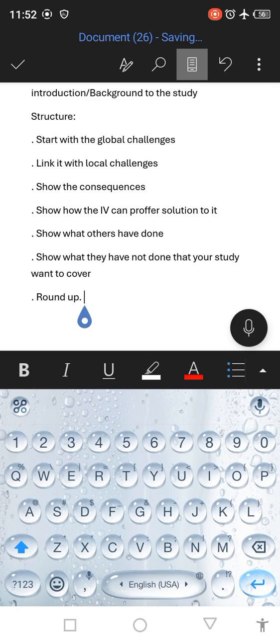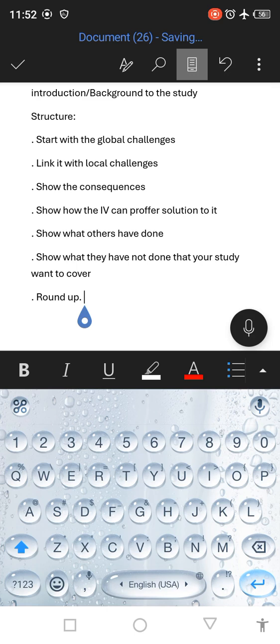So after that, you need to show what others have done and the area they are yet to cover and you want to cover in your study. That's the place of your research gap. If you can recall, that is in your chapter 2. After you've done your empirical review, you have to bring out the gap.